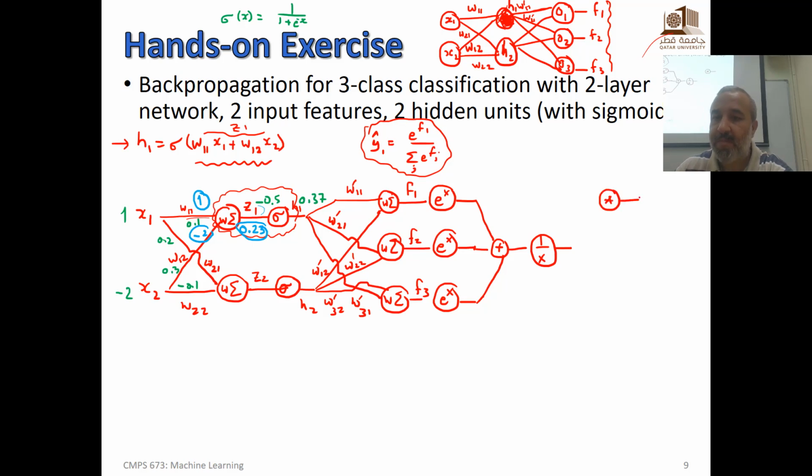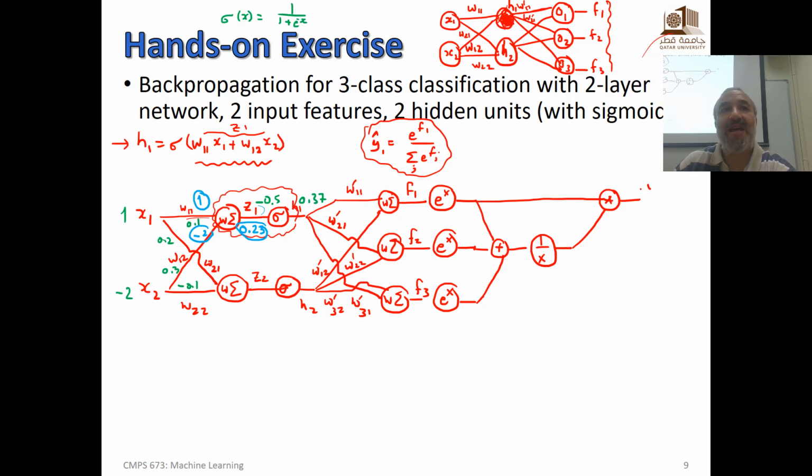We will multiply this one, for F1, with this one. This will give us, we didn't get to the loss yet, by the way.